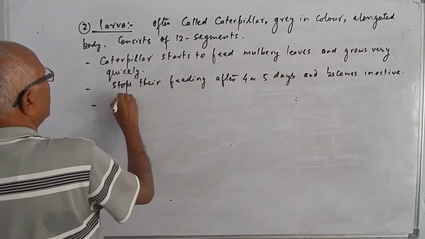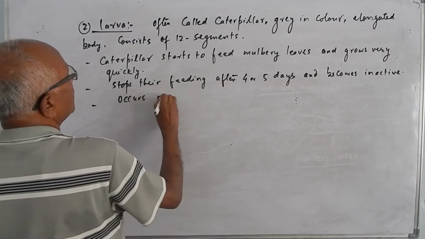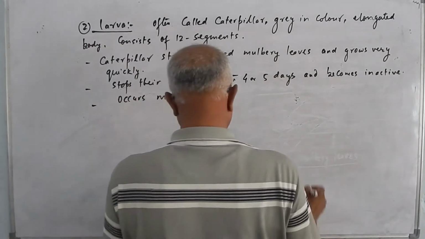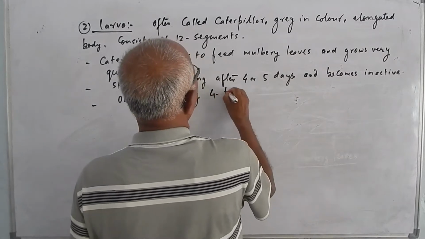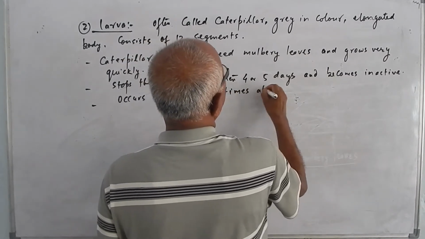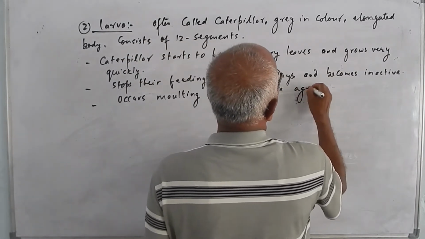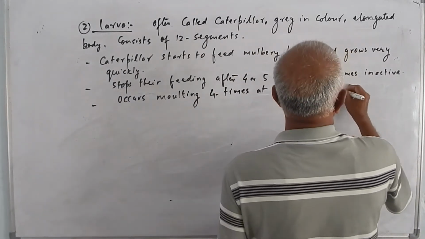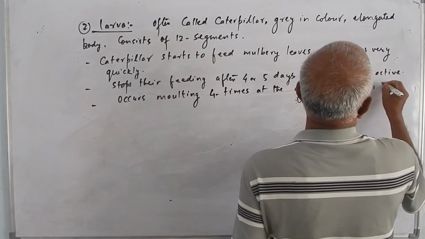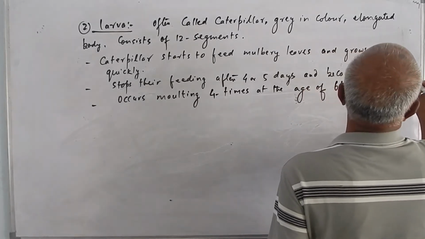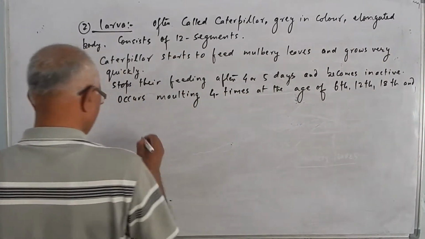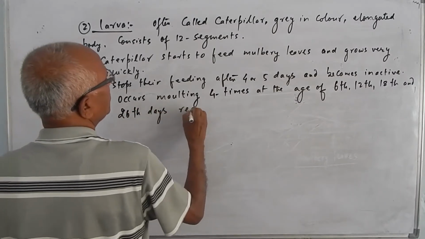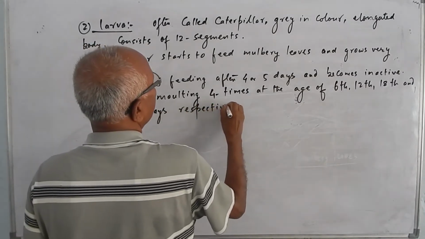Molting occurs 4 times, at the age of 6th, 12th, 18th and 26th days respectively.